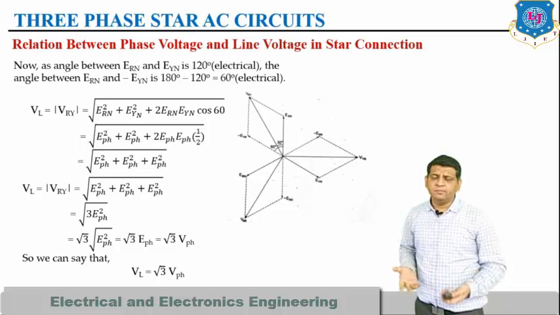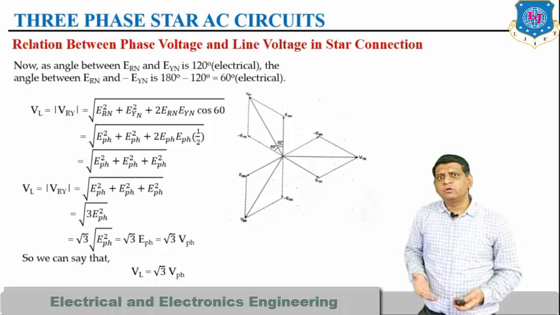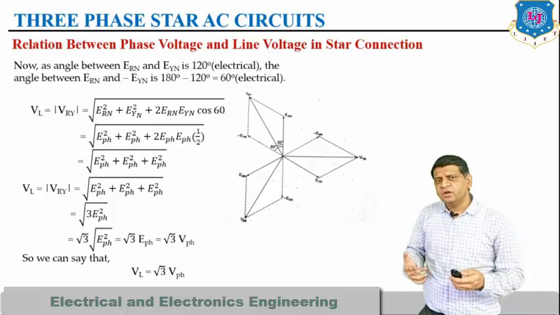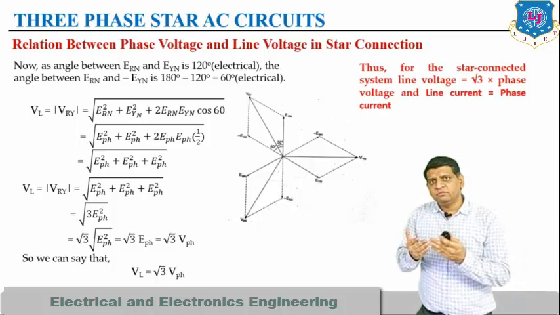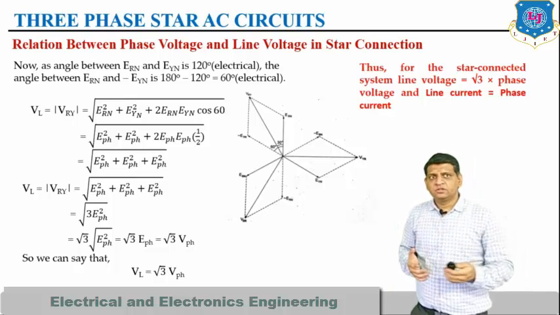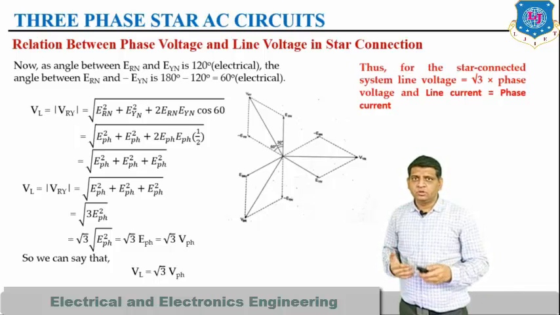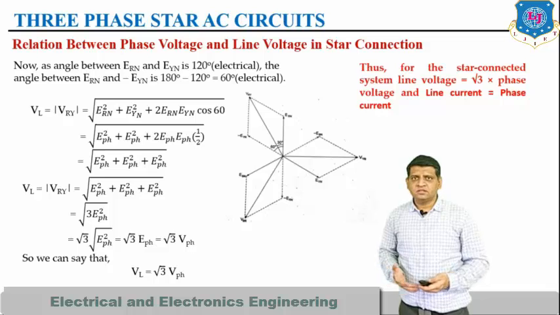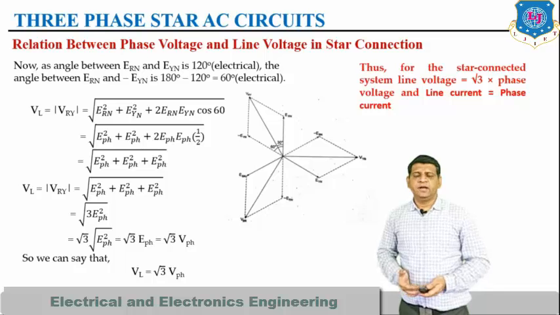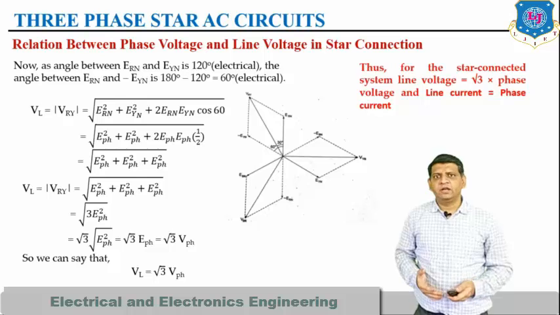In that case you will get the same answer: VYB is equal to root 3 times EPH, and the same way VBR is equal to root 3 times EPH. So for the star connected system, line voltage is root 3 times the phase voltage, and line current is the same as the phase current, right?